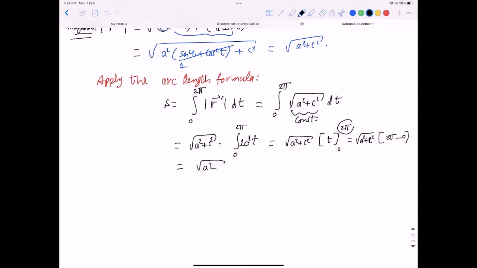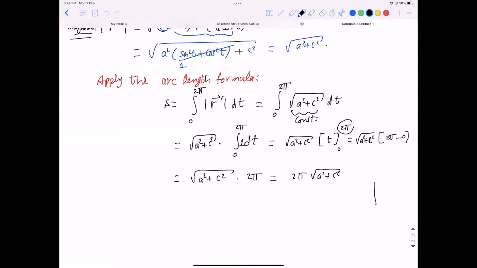This is the result. It is square root of A square plus C square times two pi. Better to write it 2 pi square root of A square plus C square.